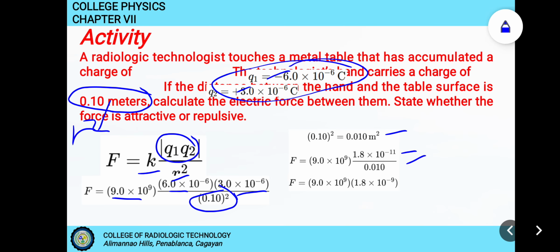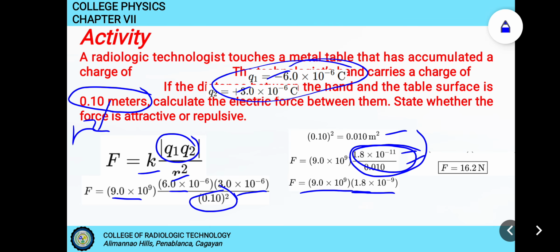That will give you 1.8 times 10 raised to negative 11 over 0.010 square meter. We are going to get the quotient of this, or i-divide po natin ito. That will give you this answer. And then, multiply na lang po natin ang ating Coulomb's constant with our quotient, class. Then, that will give us 16.2 Newton.